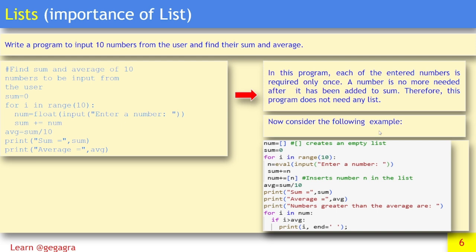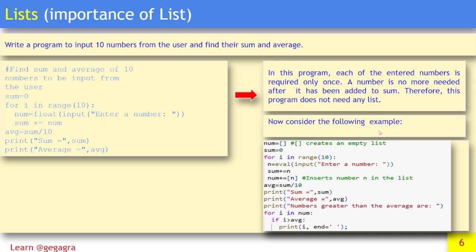And again sum is initialized to 0, and here for i in range 10, every time I am getting the number and calculating the sum, and every number which I am getting from the user, I am appending to the list: num plus equals, in square brackets, the variable.